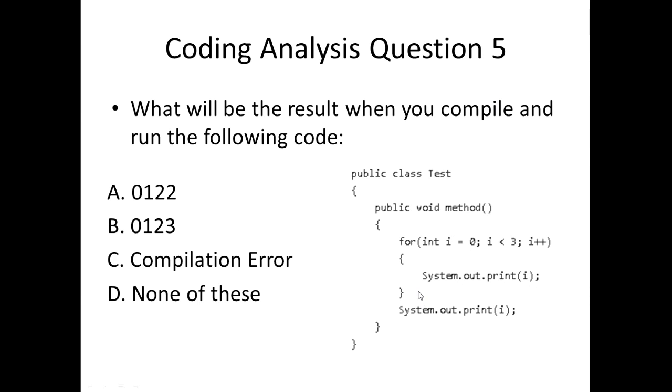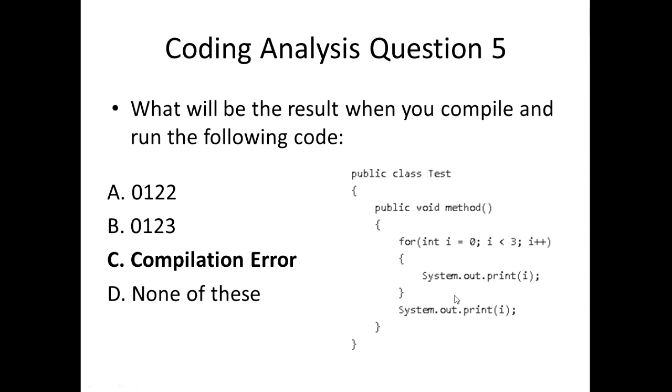But then we go right below this for loop and we see the System.out.println(i). See anything that will go wrong here? Well, there's your answer. You're going to get yourself a compilation error.